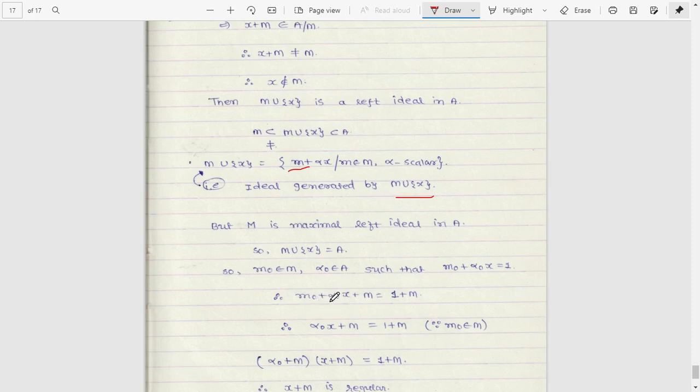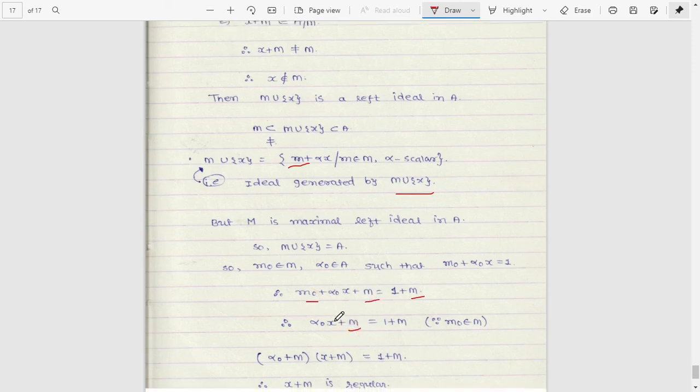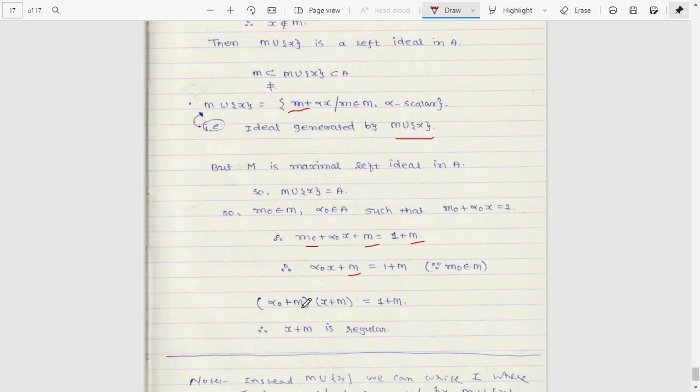So m0 plus alpha 0 x plus M is equal to 1 plus M. Since m0 belongs to M, alpha 0 x plus M is equal to 1 plus M, that is, alpha 0 times x plus M is equal to 1 plus M. So x plus M is regular.